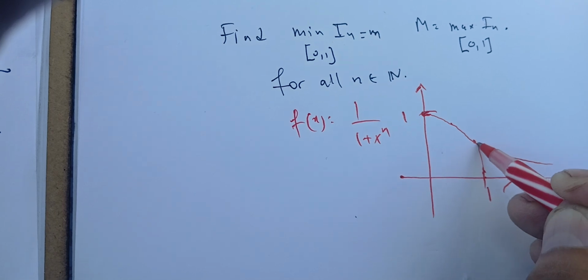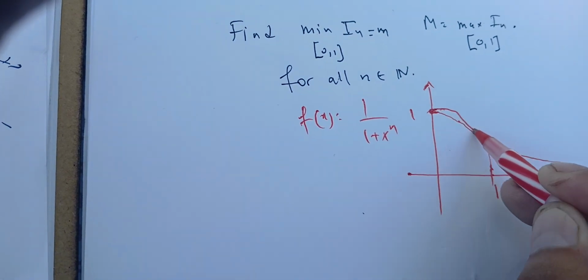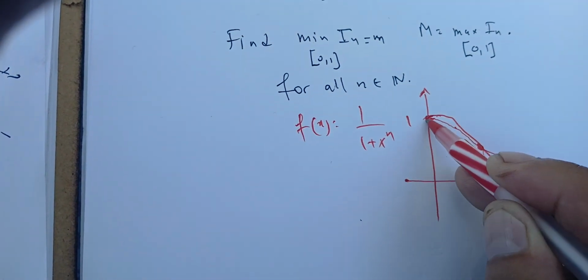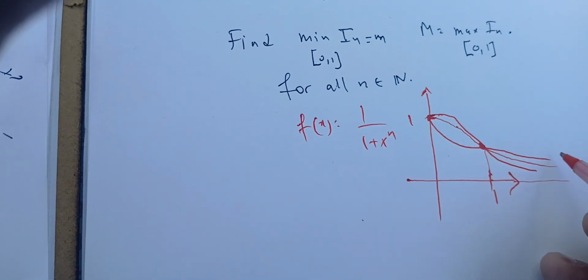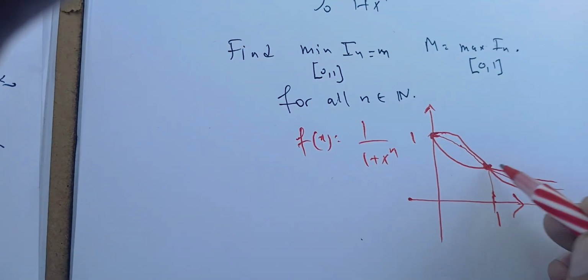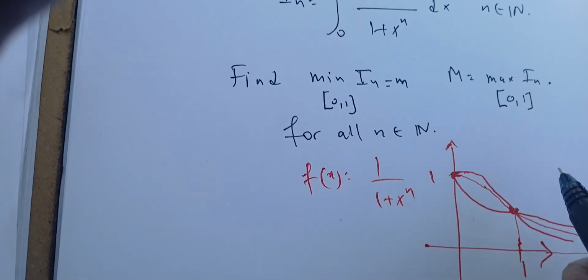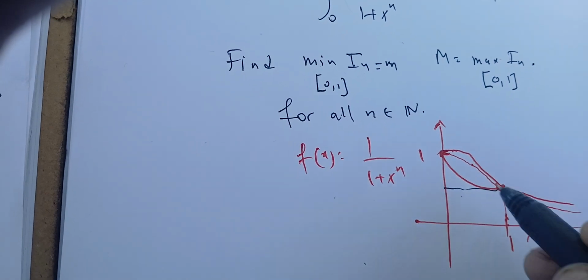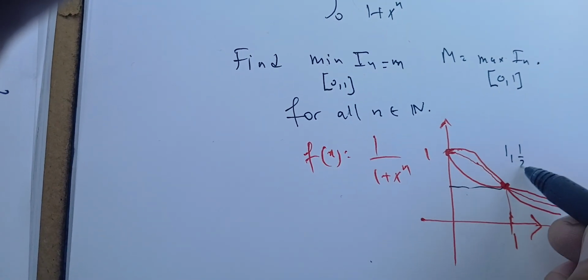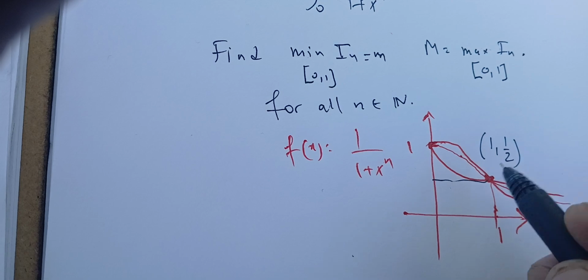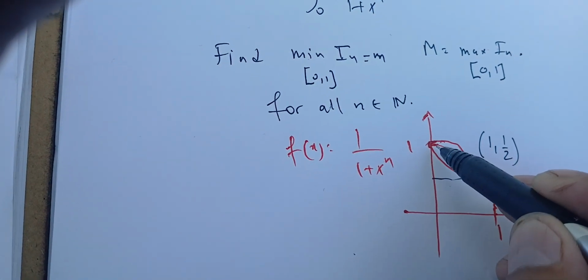Sometimes it decreases in different manners. There is one specific point here that we need to notice. We are crossing this point, 1, 1/2, which is very important. At this point we change the concavity.